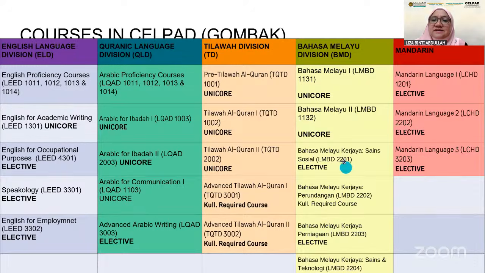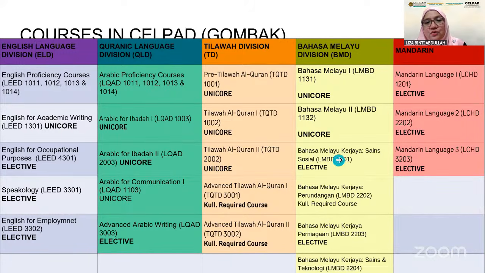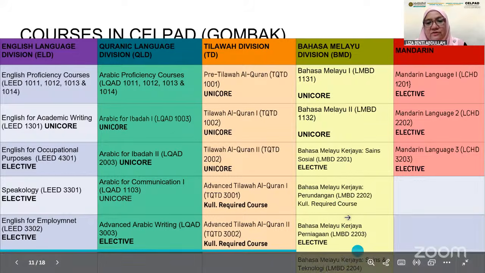So for all Malaysian and also for the other international students who have done these two, later on you may take one of these elective Bahasa Melayu. Last is Mandarin. Mandarin is elective.